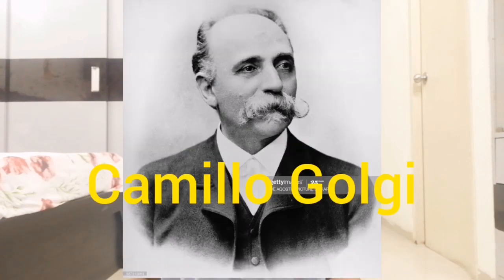These Golgi bodies were discovered by an Italian scientist, Camillo Golgi, a Nobel laureate. That is, he received a Nobel Prize. He was studying the nervous system of cats. He observed that inside the nerve cells this particular organelle was present, and he named it after himself, Golgi bodies.